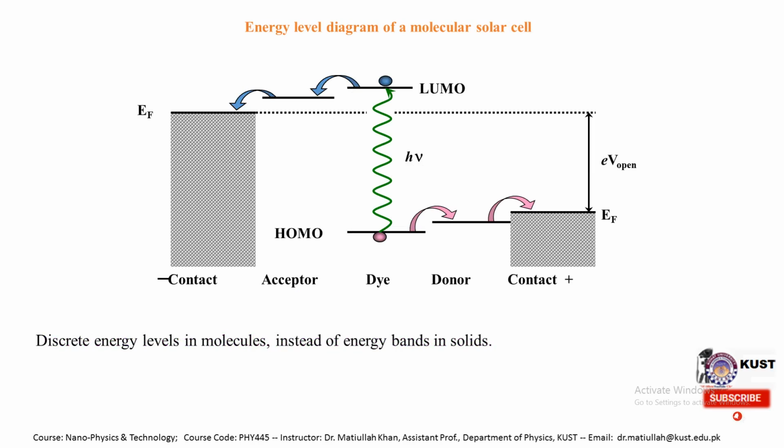The energy level diagram clearly depicts the different energy levels between HOMO and LUMO. HOMO is the highest occupied molecular orbital, while LUMO is the lowest unoccupied molecular orbital.